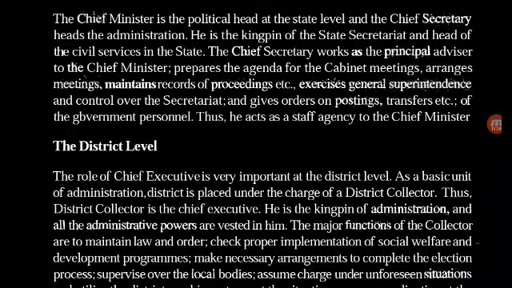The Chief Secretary works as the principal advisor to the Chief Minister, prepares the agenda for the cabinet meetings, arranges meetings, maintains records of proceedings, etc., exercises general superintendence and control over the secretariat, and gives orders on postings, transfers, etc. of the government personnel. Thus, he acts as a staff agency to the Chief Minister.